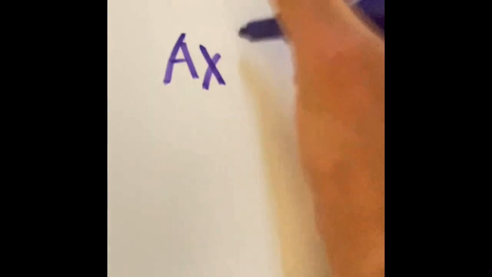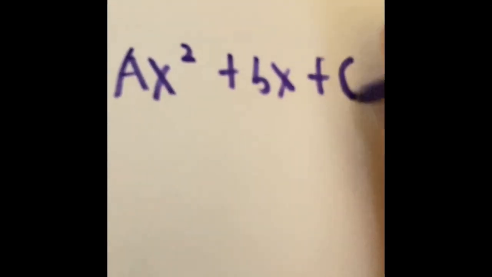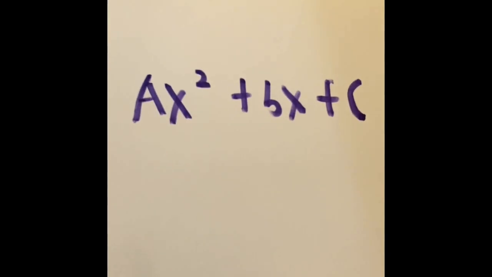Going back from algebra, the formula for a parabola was ax squared plus bx plus c. This is the standard formula for finding what the parabola looks like on a graph.